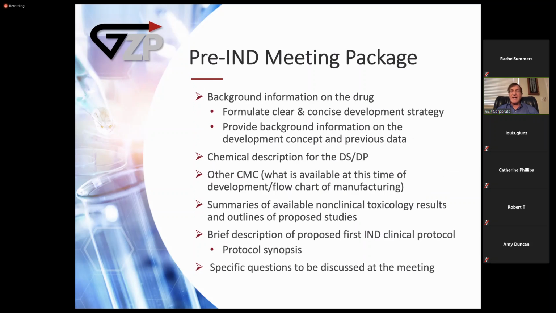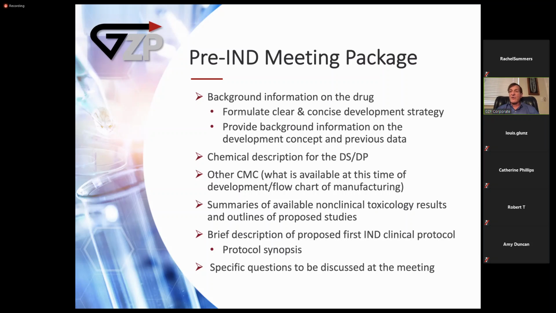The meeting package actually contains the information you have to date: pharmacology information, the background of the developmental concept, the full description of the drug substance and drug product, summaries of available pharmacology and toxicology, not study reports, but summaries, and a brief description of the first IND clinical protocol.